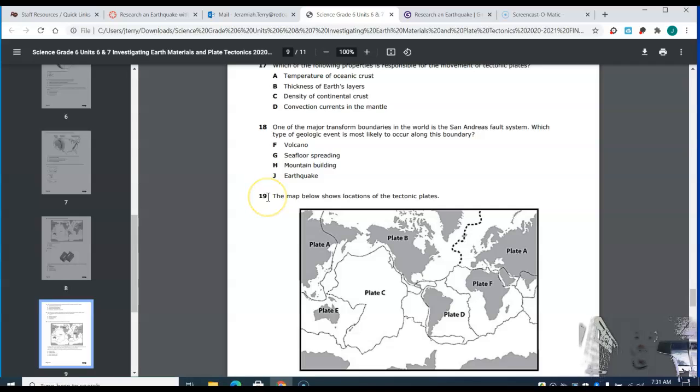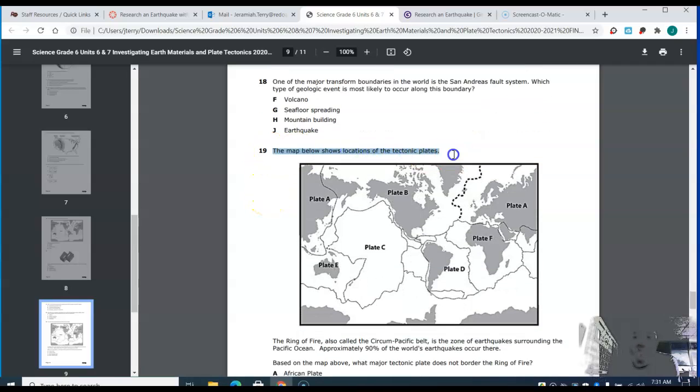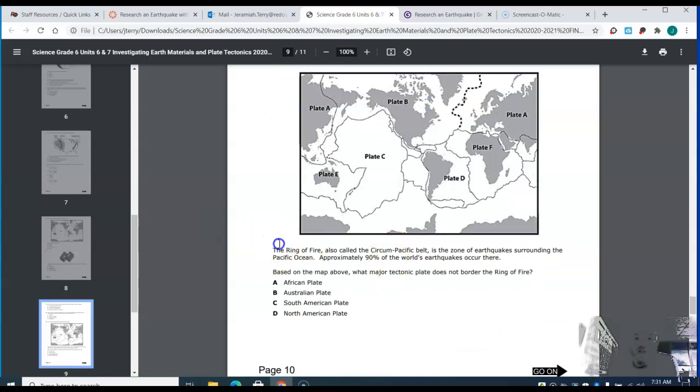Number 19. The map below shows locations of tectonic plates. The Ring of Fire is also called the Circum-Pacific Belt. It's a zone of earthquakes surrounding the Pacific Ocean. Approximately 90% of the world's earthquakes occur in the Ring of Fire. Based on the map above, what major tectonic plate does not border the Ring of Fire?